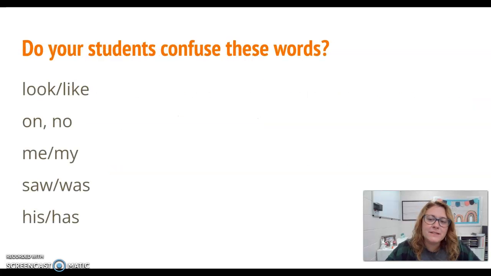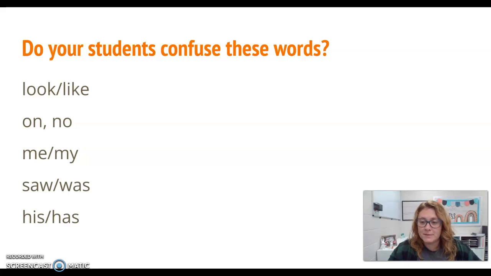So let's think about some words that you might see kids confusing. Look for like, on and no, me and my, saw and was, his or has. These are very common mistakes that we see in early readers.